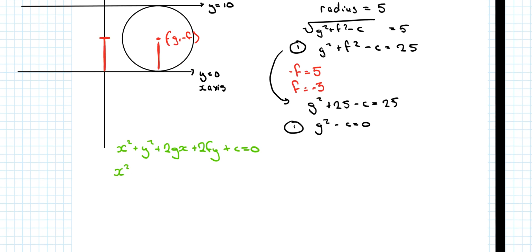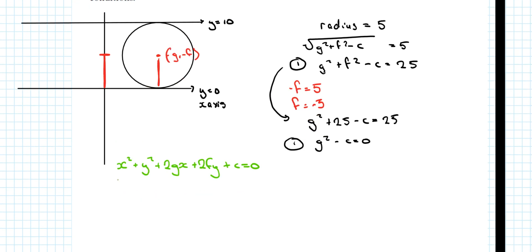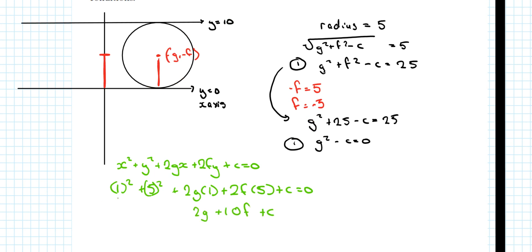So it's x squared, 1 and 5. 1 squared plus 5 squared plus 2g by 1 plus 2f by 5 plus c is equal to 0. 2g plus 10f plus c. 1 squared is 1, 5 squared is 25, 1 plus 25 is 26. We get minus 26 then.